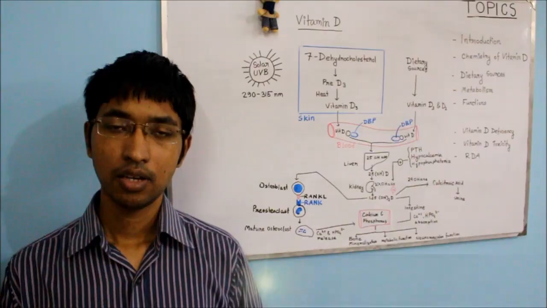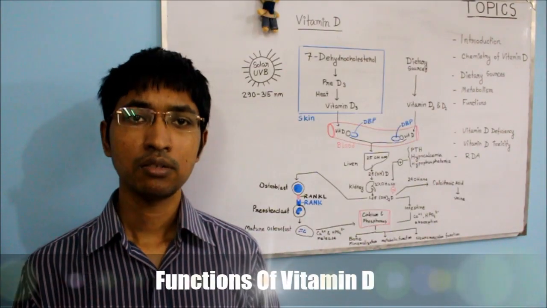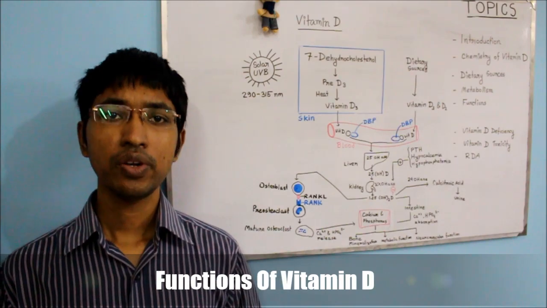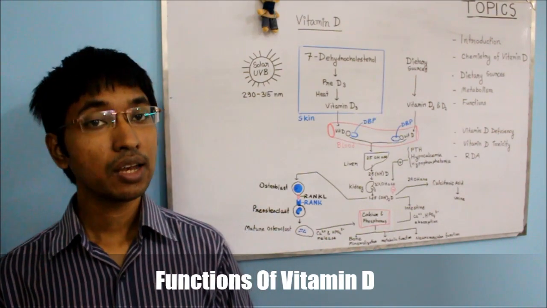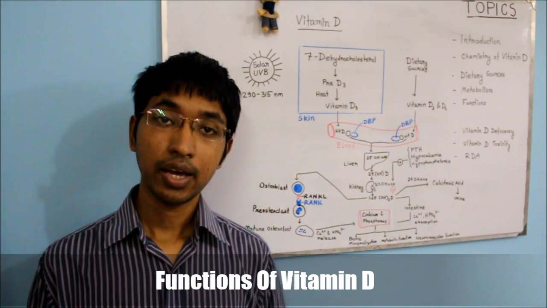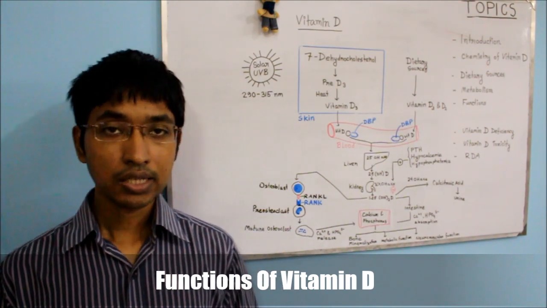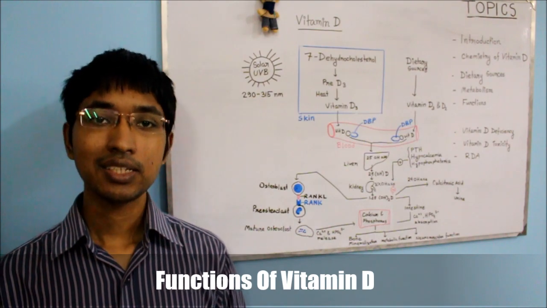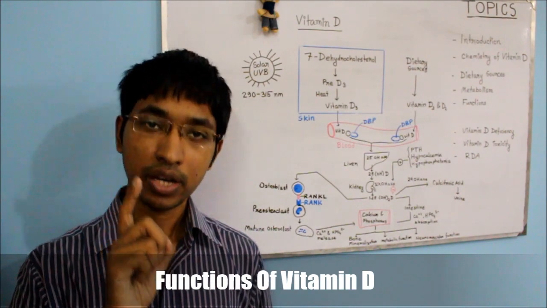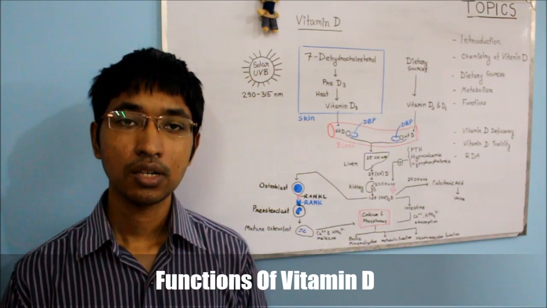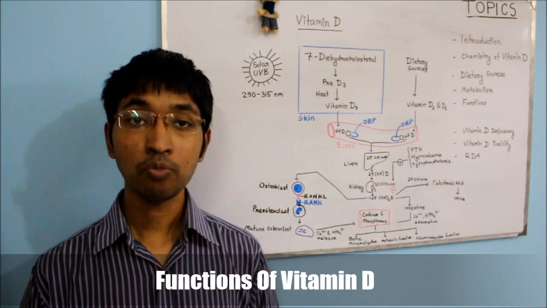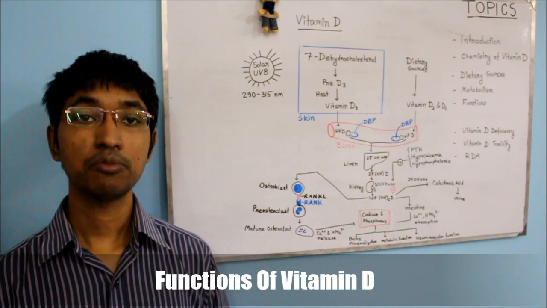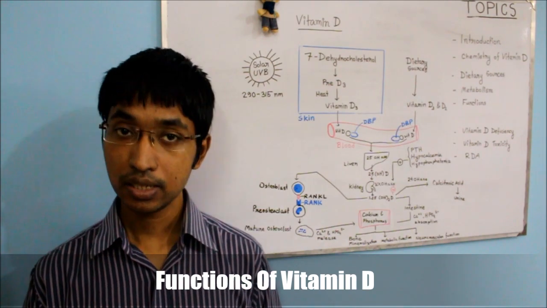So as we have seen, vitamin D has a very important role in maintenance of proper plasma level of calcium and phosphate. Vitamin D increases intestinal absorption of calcium and phosphate. Vitamin D facilitates parathyroid hormone-induced calcium reabsorption in the kidney.